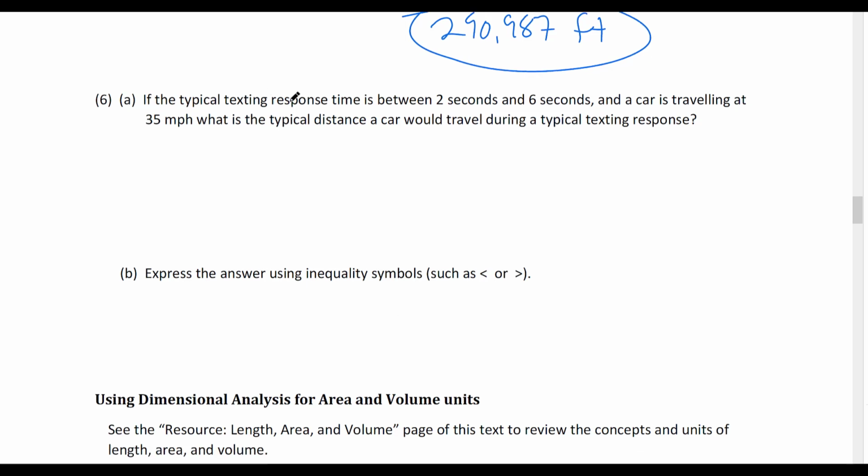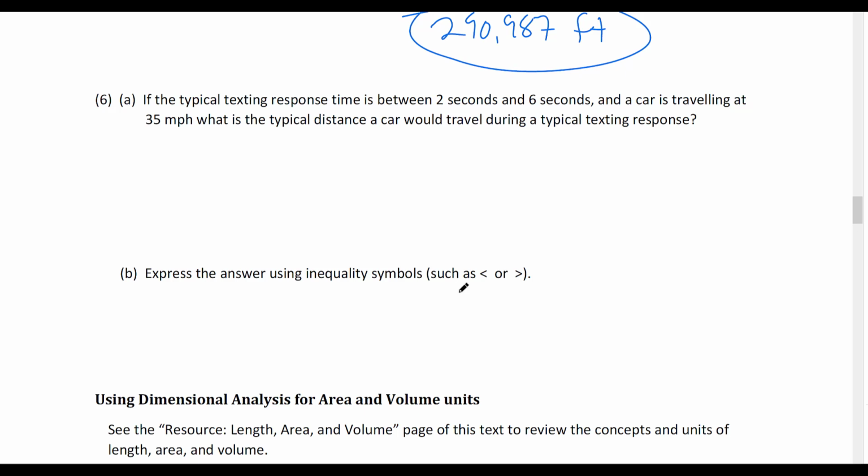If the typical texting response time is between 2 seconds and 6 seconds, in a car traveling at 35 miles per hour, what is the typical distance a car would travel during a typical texting response? So express the answer using inequality symbols.